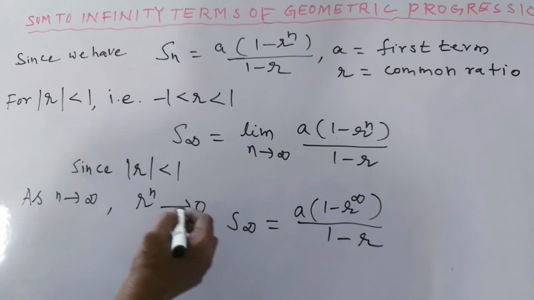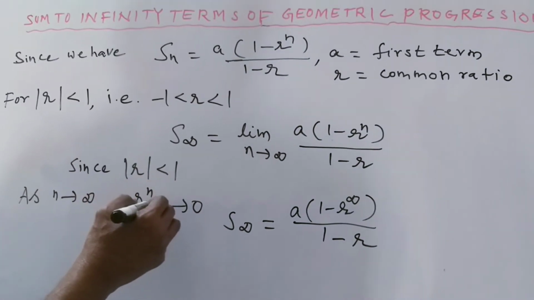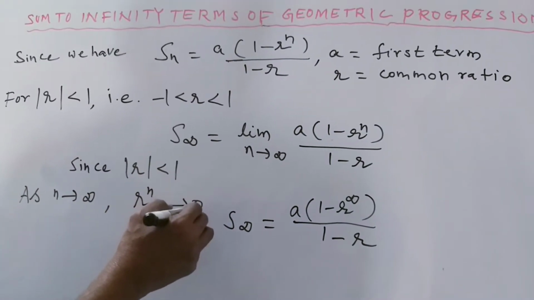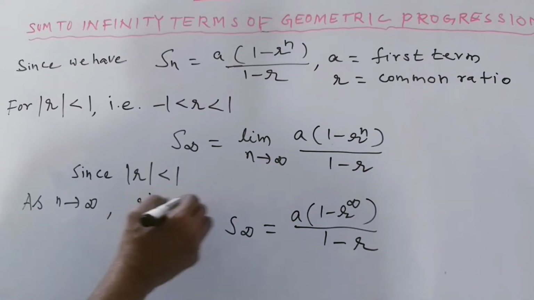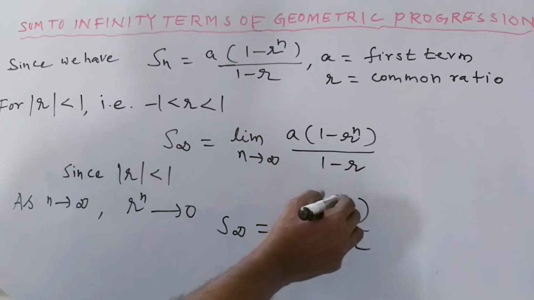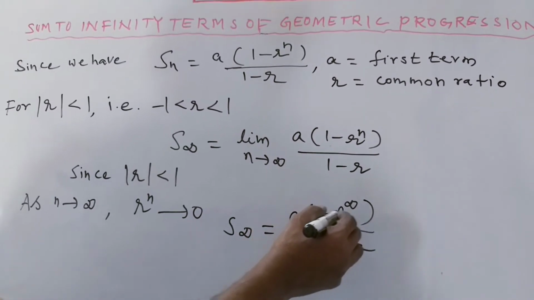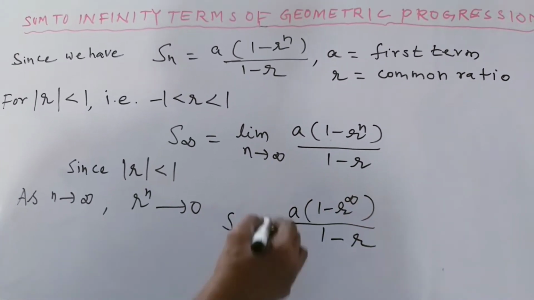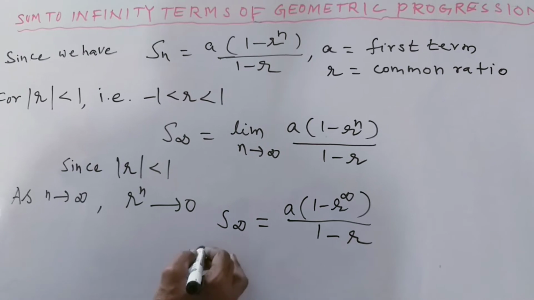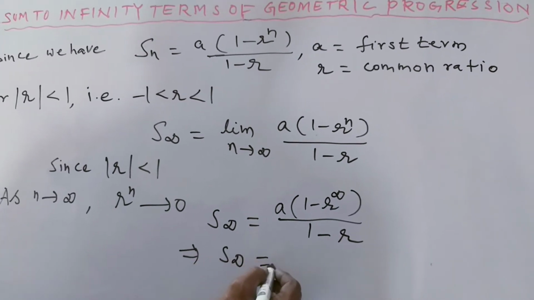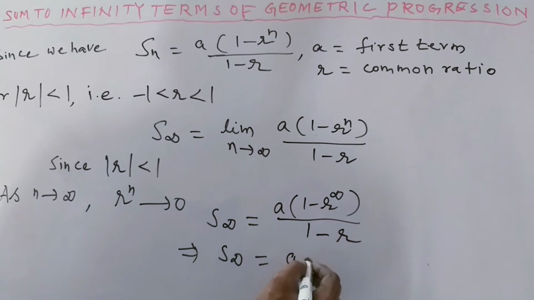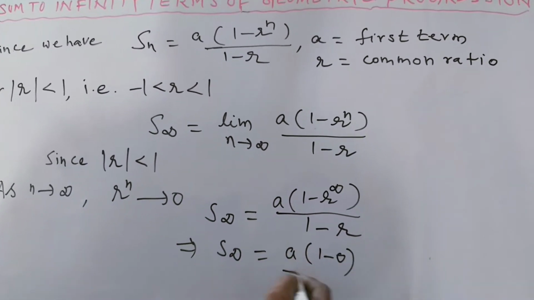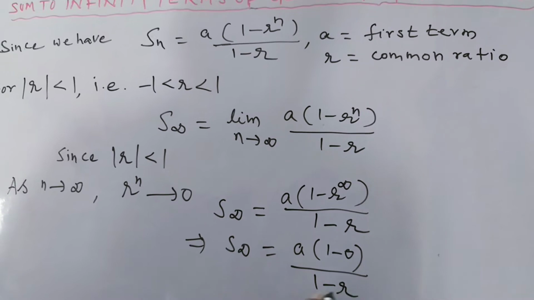That means here in place of n we are substituting infinity. So r to the power of infinity becomes 0, implies S infinity is equal to A of 1 minus 0 by 1 minus r.